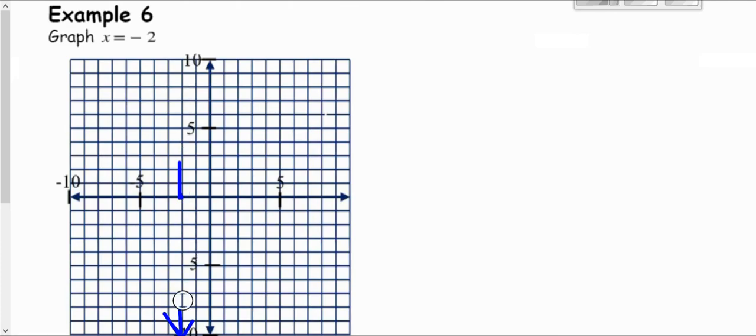If I do it like this, it'll be better. Negative 2, and draw your straight line with your arrows on the end. There you go. That's all it is.